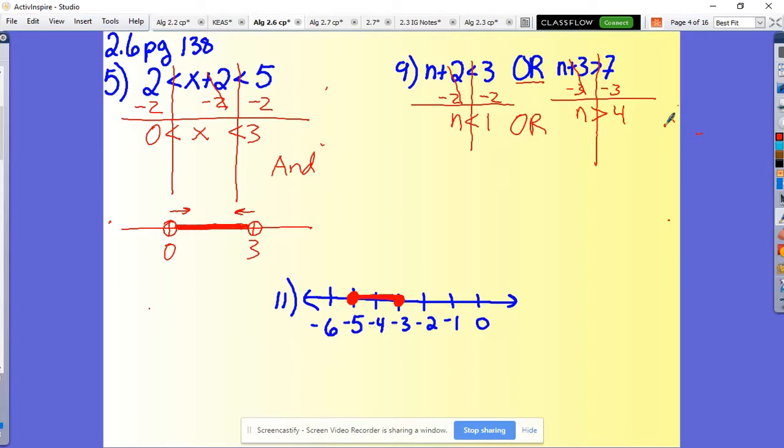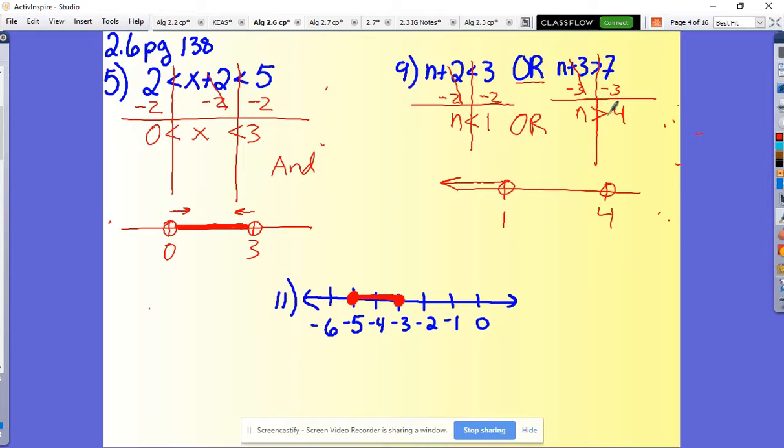Now we're just going to graph it now that we've got our numbers for n. Okay, we have 1, and we have 4. All right, so there's our graph so far. We have open circles on both because they can't equal either one of these. Open circle on 1, open circle on 4. Now over here it says n is less than 1, so we're going to be going this way.